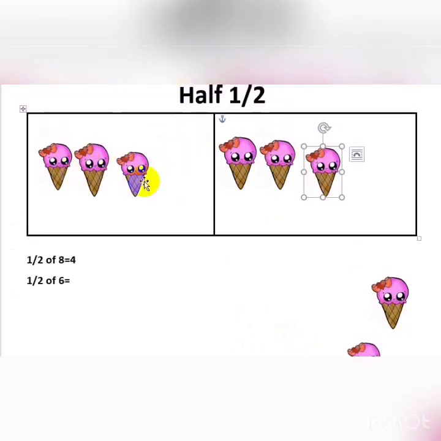So in one half there are 3 ice creams, so half of 6 will be 3. So students, it is a very easy way to find half of any number if you know the method. And always remember that denominator tells us the total parts and the numerator tells us what fraction of that part we are referring to. So in one part I have put 3 ice creams, so half of 6 is 3.